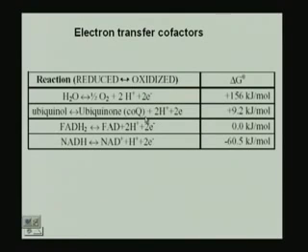Now, here are some of the delta G0 values associated with the electron transfer cofactors. When we go from ubiquinol to ubiquinone, so quinol to quinone means I need 2 protons and 2 electrons, I have a plus 9.2 kilojoule per mole free energy change.